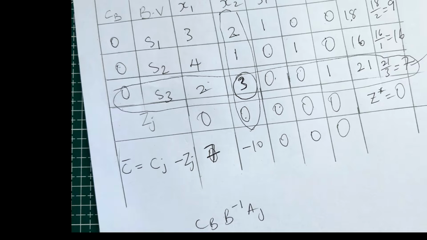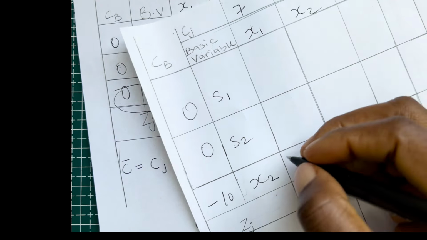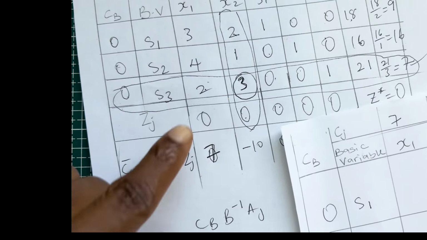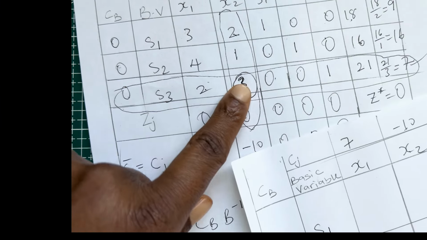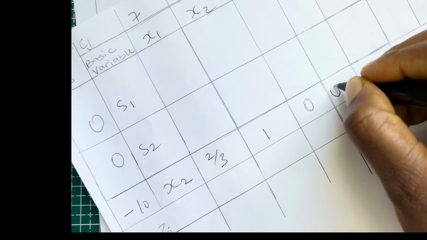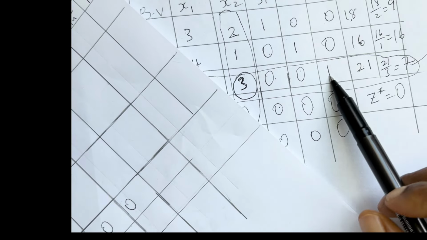So we're going to write them down here. Remember, we have 2 here, so 2 over 3. For the key element or pivot element, we have 3 over 3, which is 1. Other values, we have 0 over 3, which is 0, 0 over 3, which is 0. And the next one is 1, which we have here 1 over 3.